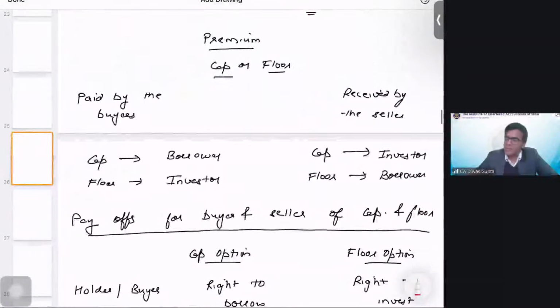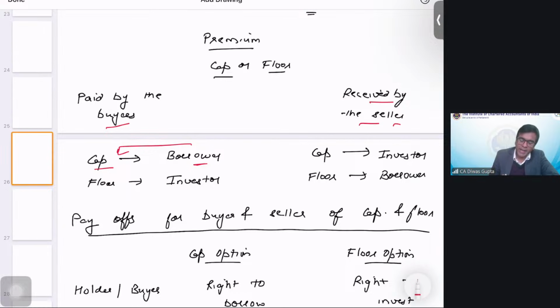Okay. Now, this premium will always be paid by the buyer and it will be received by the seller. So, for the cap, the borrower becomes the buyer of the cap. For the floor, the investor becomes the buyer of the floor option.